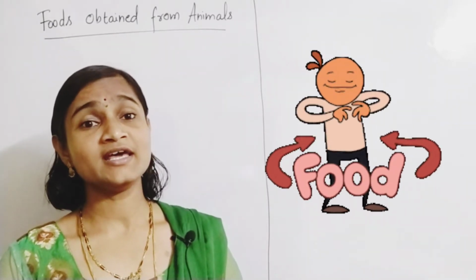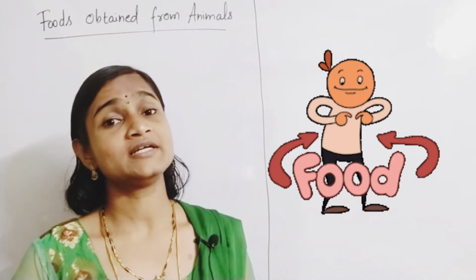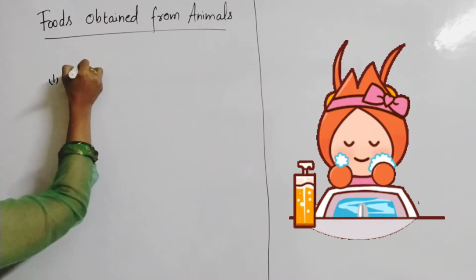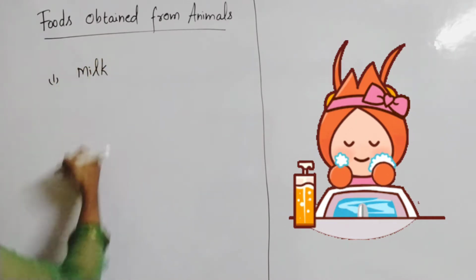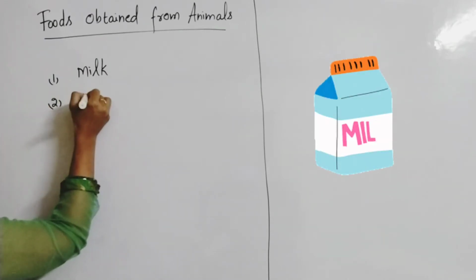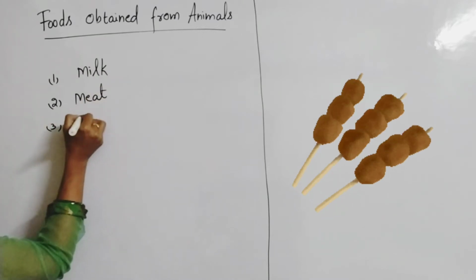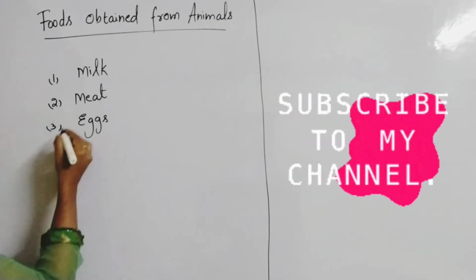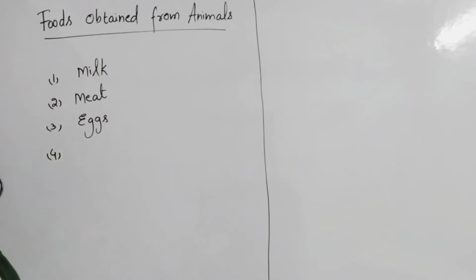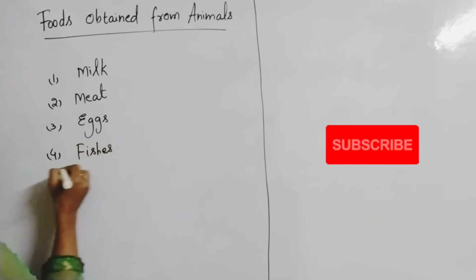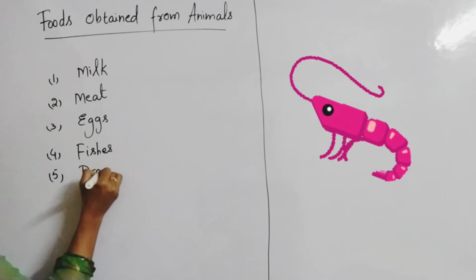I think you already have some idea regarding the foods that are obtained from animals. In your lower classes you might have learnt. What are those foods? First one is milk, meat, and we also get eggs from animals, isn't it? Then we also consume fishes, seafoods, fishes, prawns and all, sea animals.